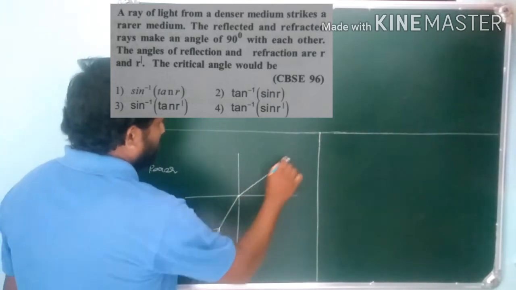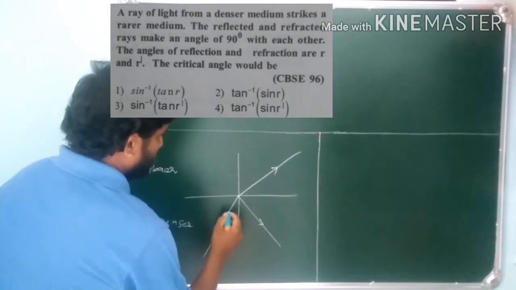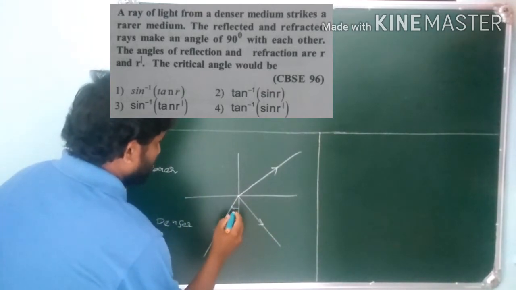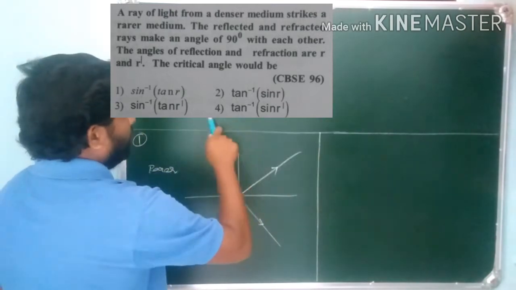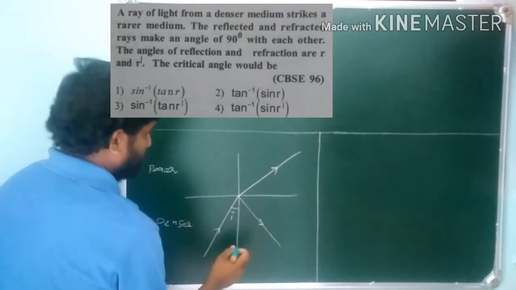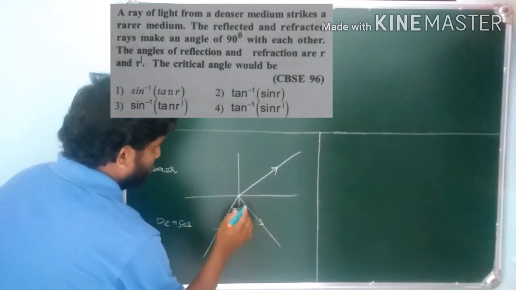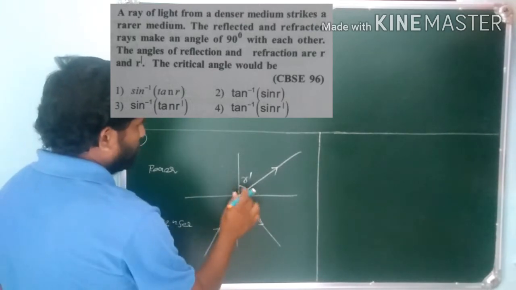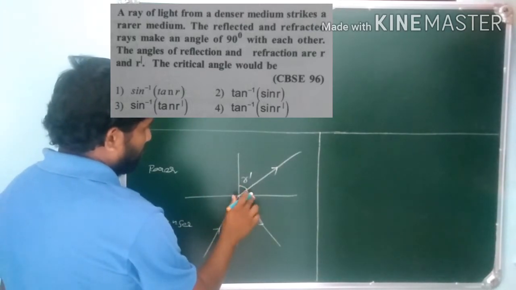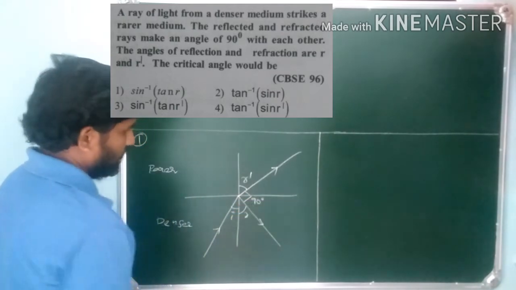And this is the refracted light ray, and this is the reflected light ray. Okay, this is the angle of incidence I, and the angles of reflection and refraction are given by R and R dash. Therefore, this is the angle of reflection R, and this is the angle of refraction R dash, and these two angles make perpendicular with each other, that is, the angle is 90 degrees.